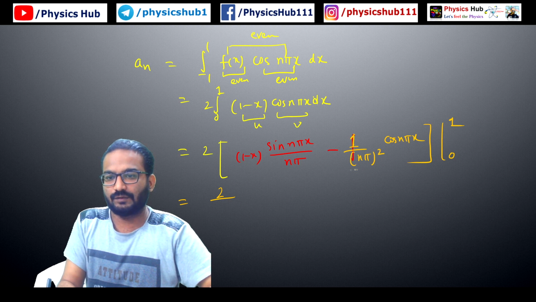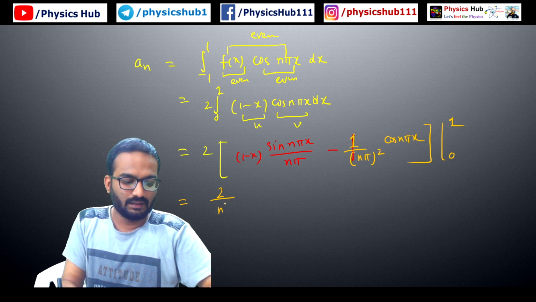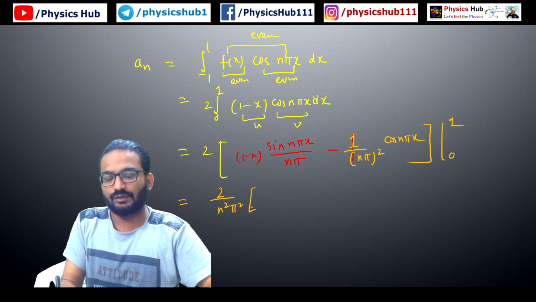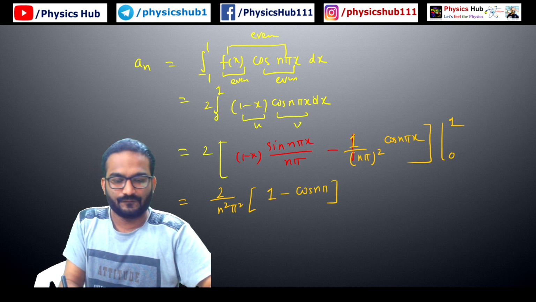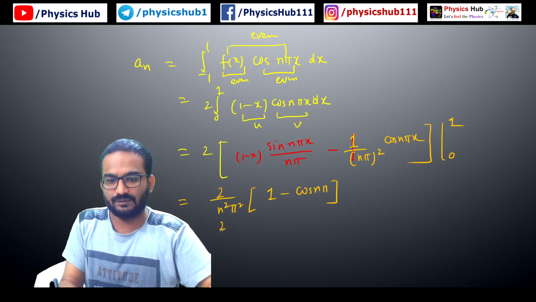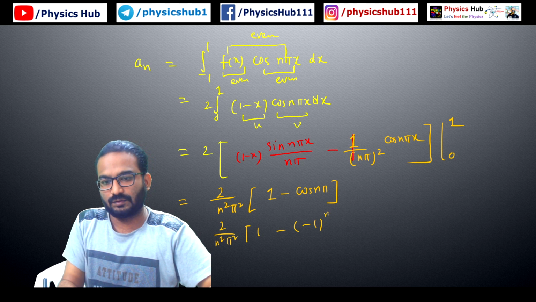Only this value will come: 2 by n squared pi squared into cos n pi x, and cos 0 is 1, so 1 minus cos n pi. So let me just write it: 2 by n squared pi squared times (1 minus (-1) to the power n).